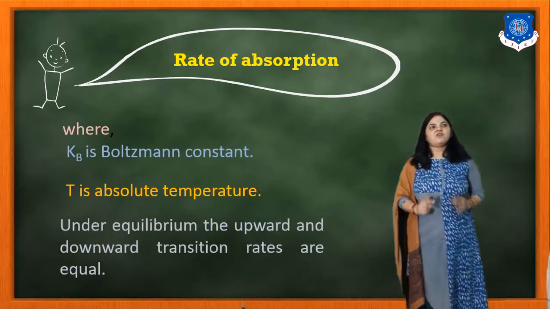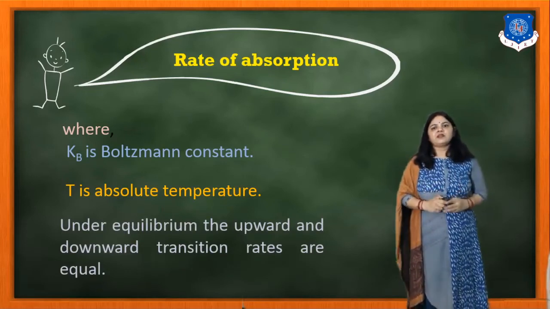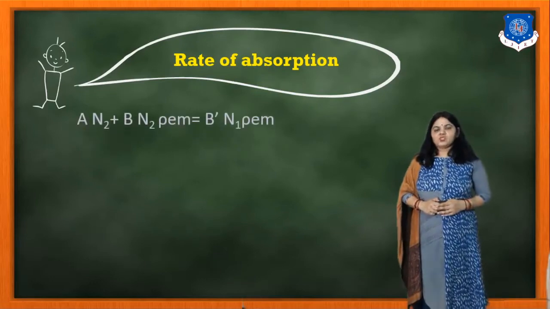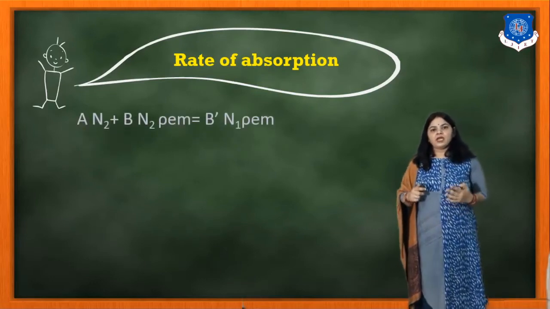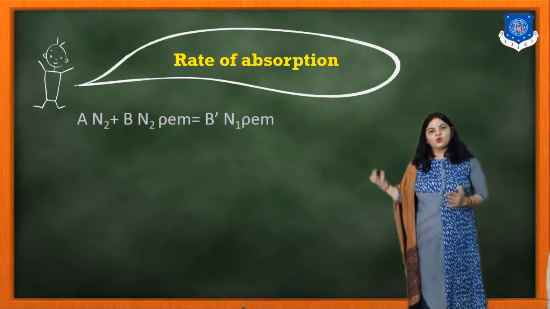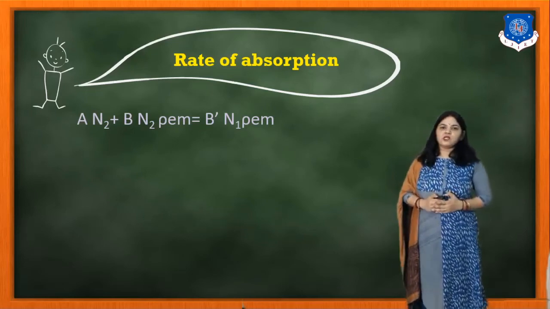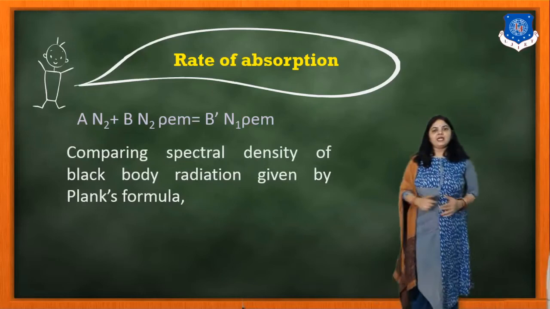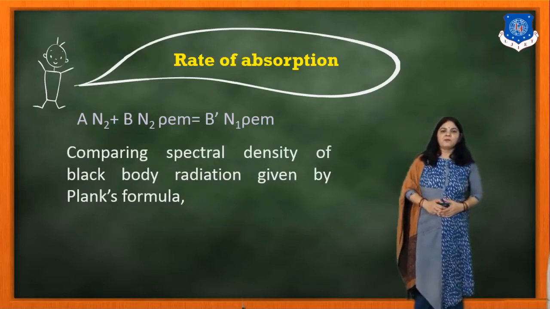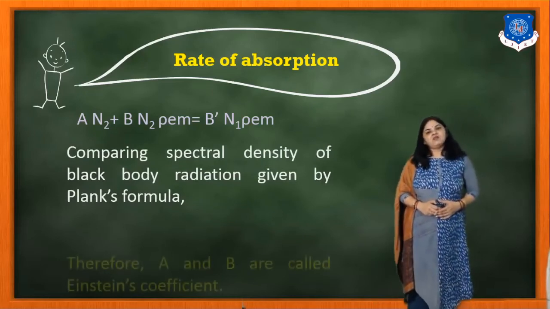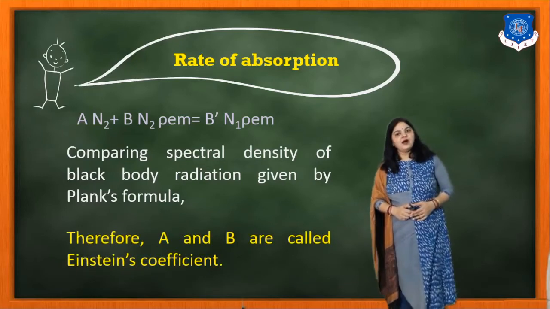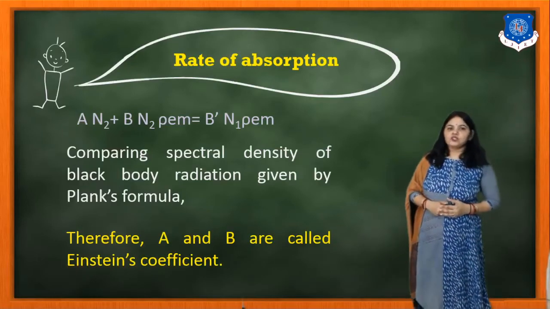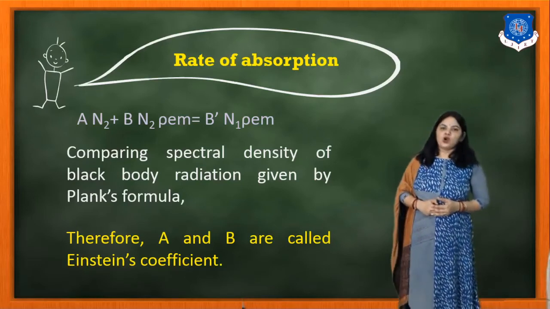Under equilibrium, the upward and downward transition rates are the same. So A N2 plus B N2 rho(ν) is equal to B dash N1 rho(ν). Comparing with the spectral density of black body radiation given by the Planck formula, A and B are called the Einstein coefficients.